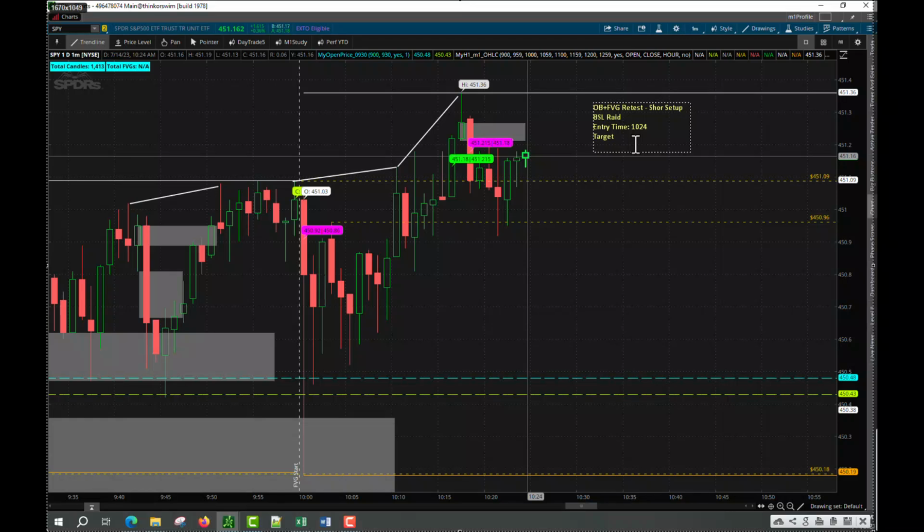And the targets will be... I think buy side looks really, no, sell side looks really great. Order block at 10, which is this level right here. That's our level right here. This level.